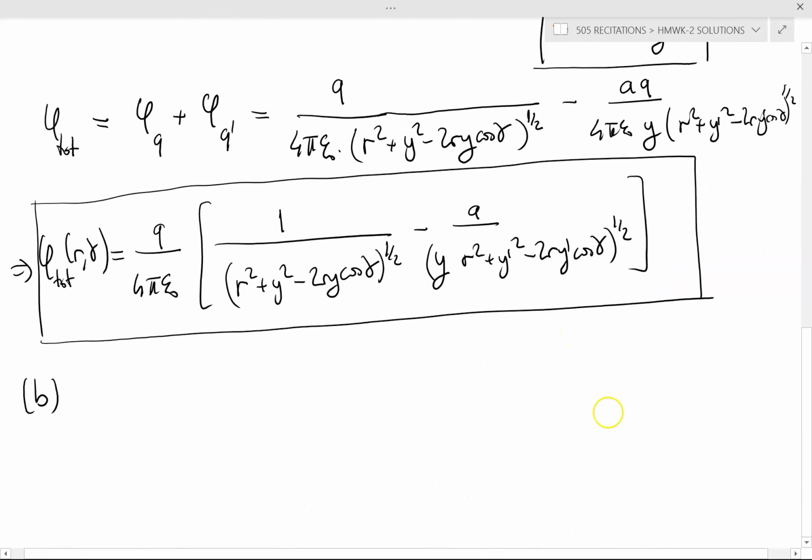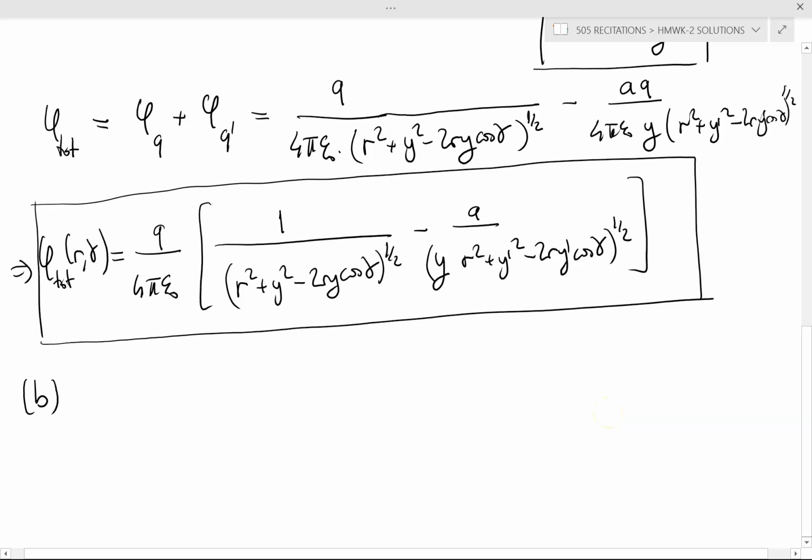It is again the very same idea, right? We will be using sigma over E0 shall be equal to E at the surface, okay?